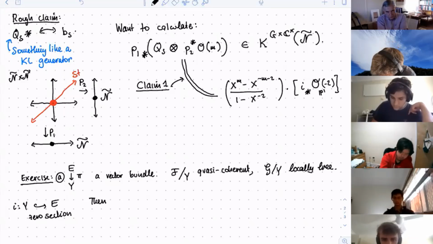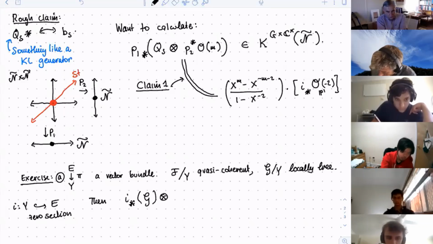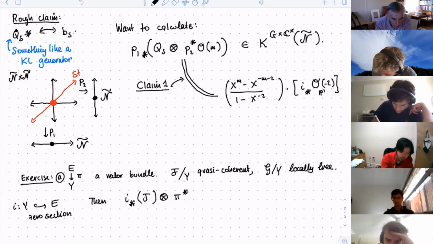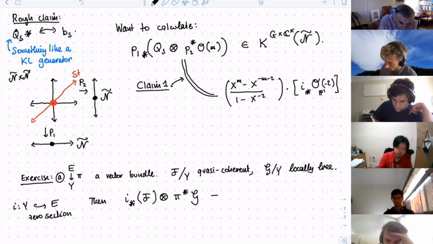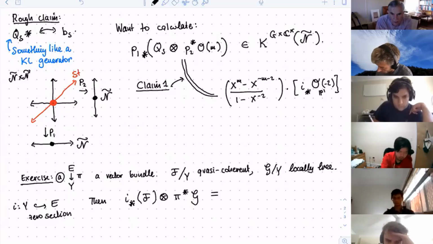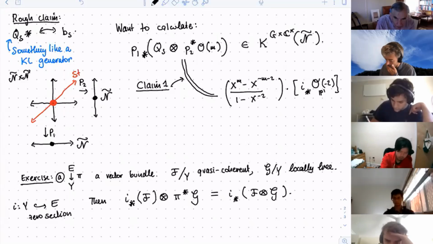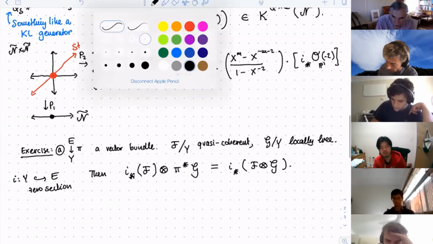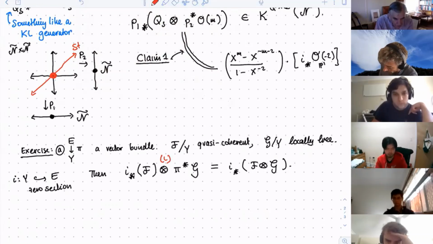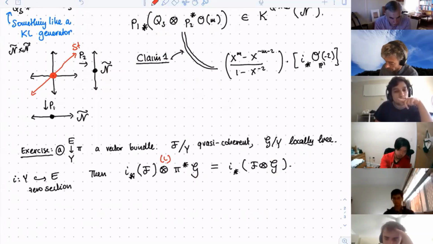We could take I lower star of F, and tensor it with pi upper star of G. So that's doing things on E, or we could do things on Y. And I guess another point of this exercise is that this is a vector bundle, this is a vector bundle, and so I don't have to worry about Tors.